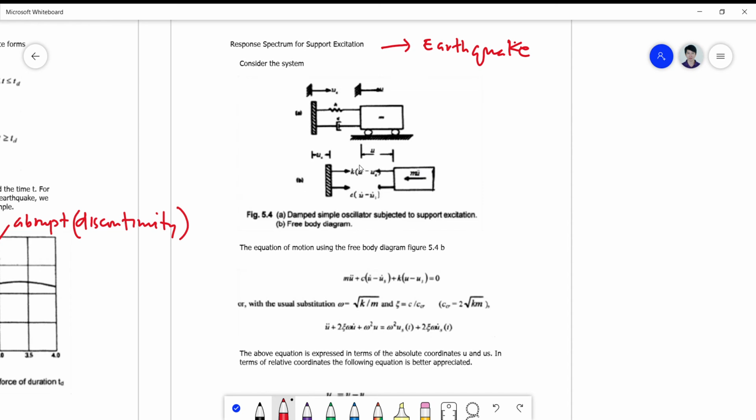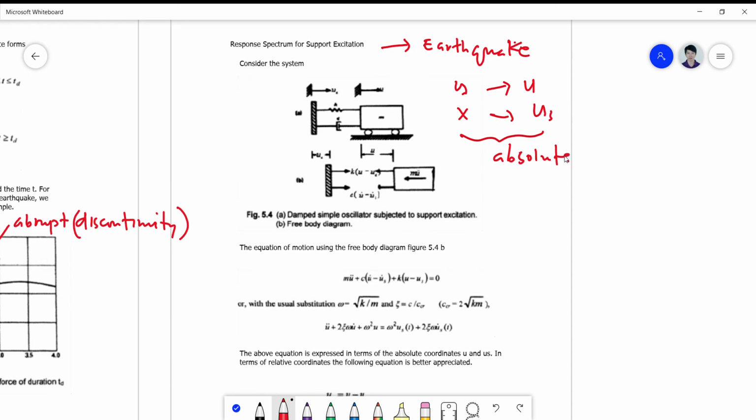So we have the absolute coordinates y and x. Now I actually use your u and us here. So u stands for the response absolute y, and us is the support coordinate, the movement of the support. These are in absolute system.